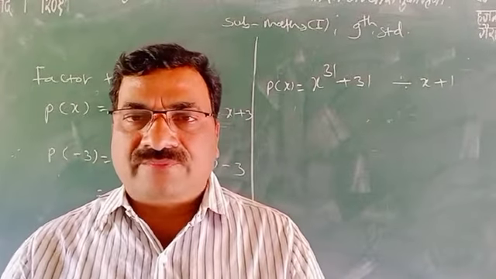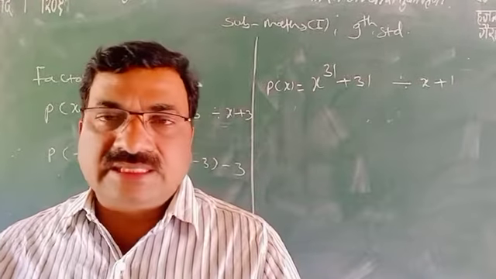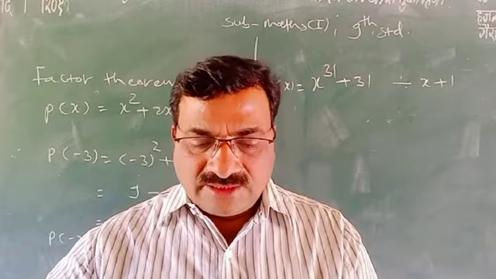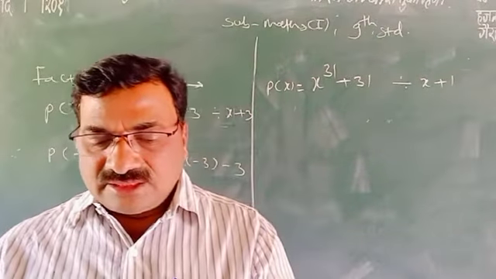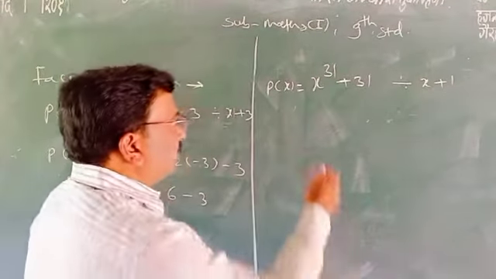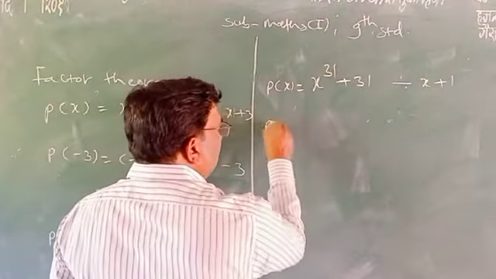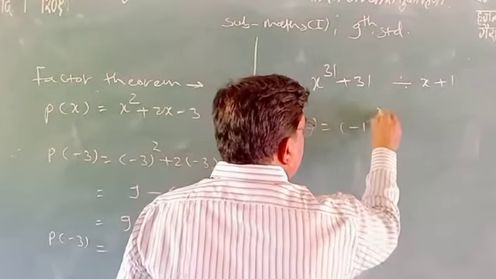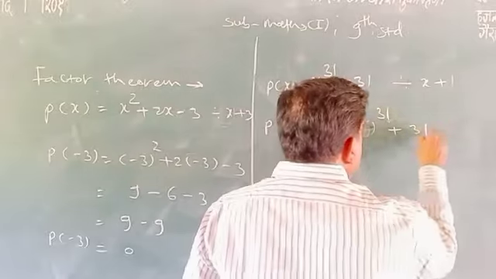This is our problem. While finding the remainder, we only have to substitute the value of the variable. The divisor is x plus 1, so the value of the variable is minus 1. P of minus 1 is equal to minus 1 raised to 31 plus 31.